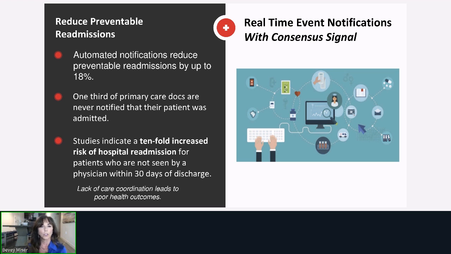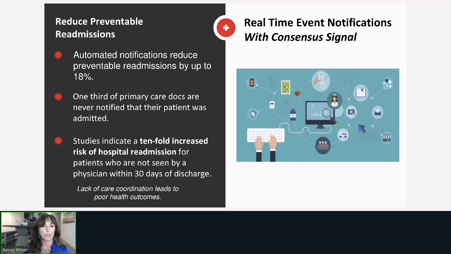So let's look at what real-time event notifications really are. You're getting a sneak peek at something that J2 Global is going to be launching later this month. It's called Consensus Signal, but what it really does is connect the hospitals through an automatic notification to the downstream care team.